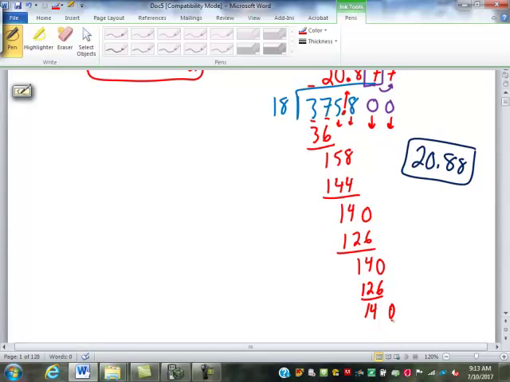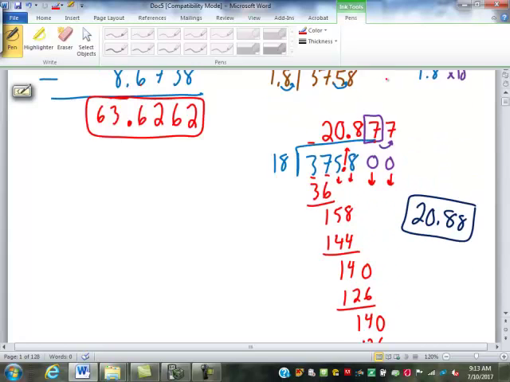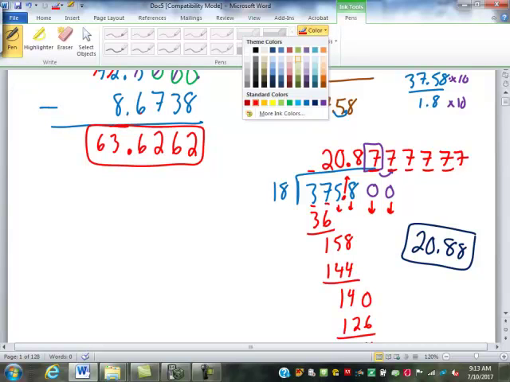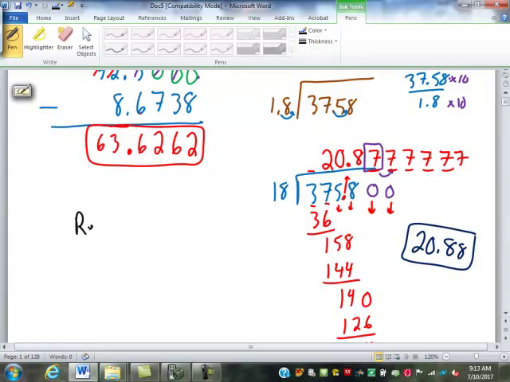It's going to keep being 140 divided by 18. So what's going to happen up here if I were to keep going? It'd be 7, 7, 7, 7, 7. Yeah, it's going to keep going. That's what we call a repeating decimal.